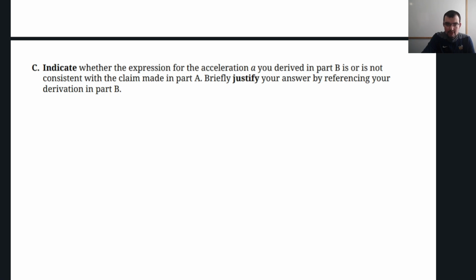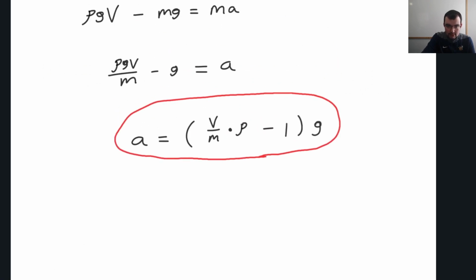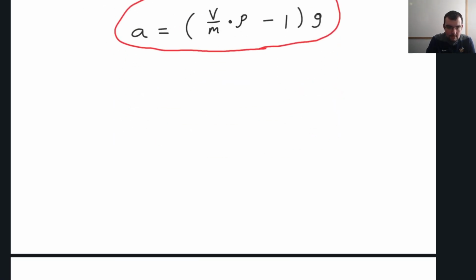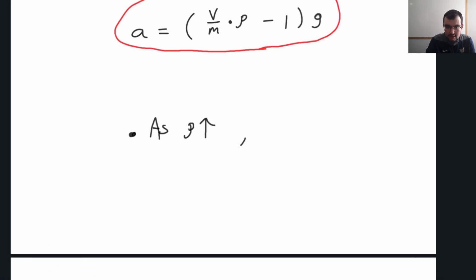Indicate whether the expression is or is not consistent. Yep, definitely is, because I know I solved the problem right. But looking at the expression in part B, notice that as the density increases, the positive term in the acceleration equation increases, which means that a increases.